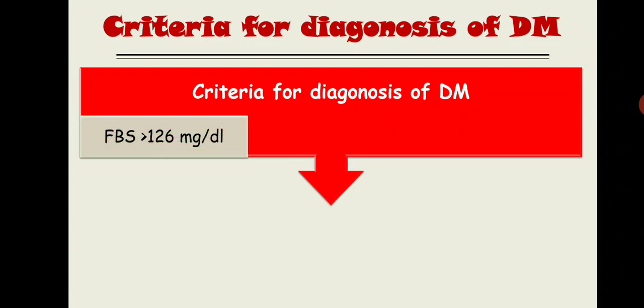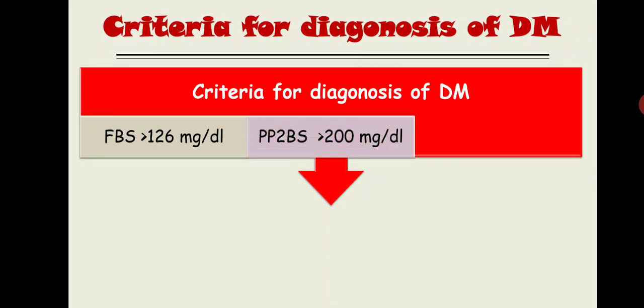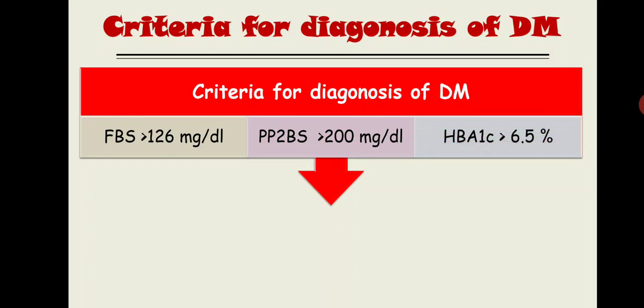First is the fasting blood sugar, which is more than 126 milligram per deciliter. Second, PP2BS is more than 200 milligram per deciliter. These two are from the mini GTT. And the last criterion is the glycosylation of hemoglobin, HbA1c, which is more than 6.5 percent. So these are the three criteria of diabetes mellitus.